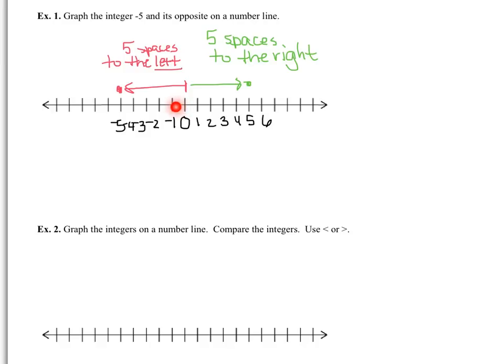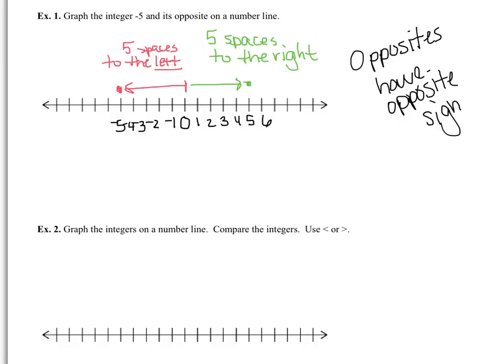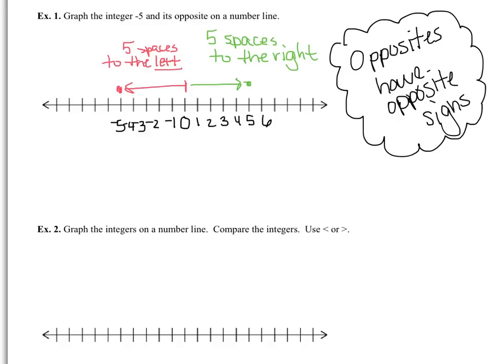So 1 space, 2 space, 3 space, 4 space, 5 space. Don't count the lines or you'll get something different. The moral of this story here is that opposites have opposite signs. If you have a positive 5, the opposite is going to be a negative 5. If you have a negative 3, the opposite is going to be a positive 3.